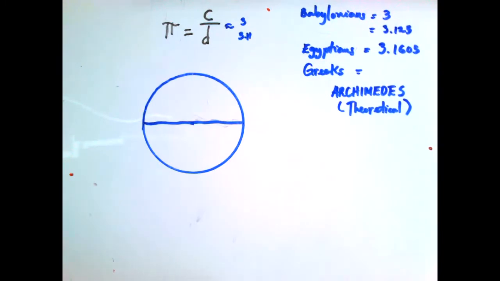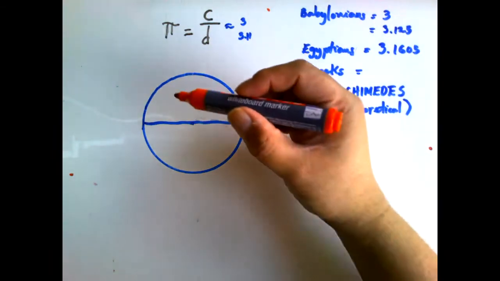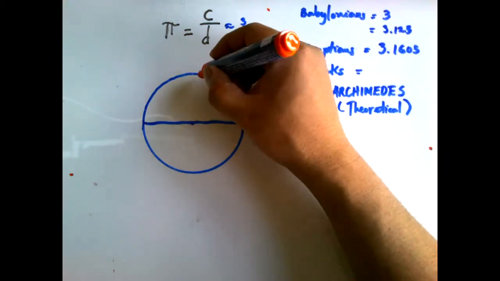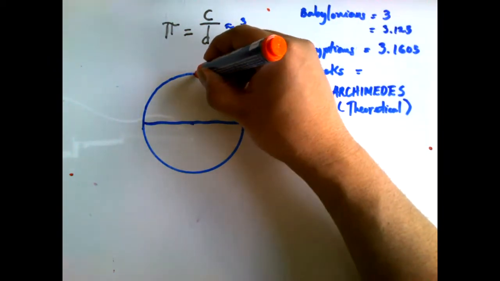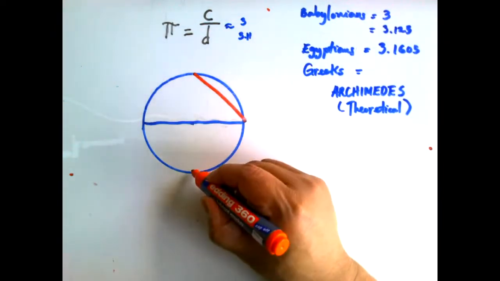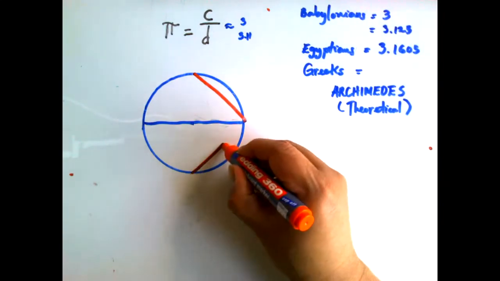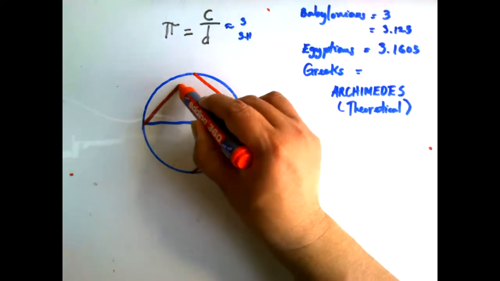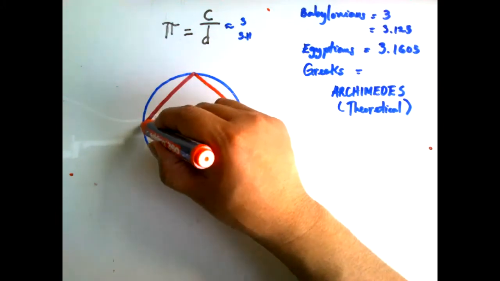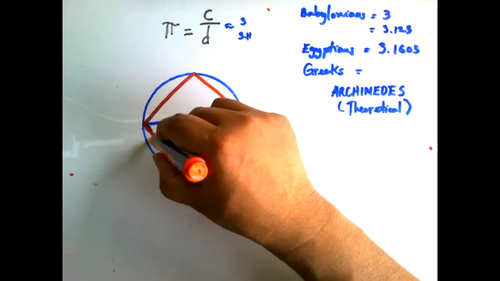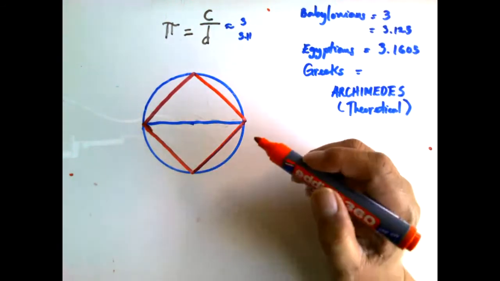Now, Archimedes' method is simply the idea of inscribing a square inside the circle. You see? So in your elementary geometry, you did speak about inscribing an object. So here when we inscribe, we're putting it inside the circle.